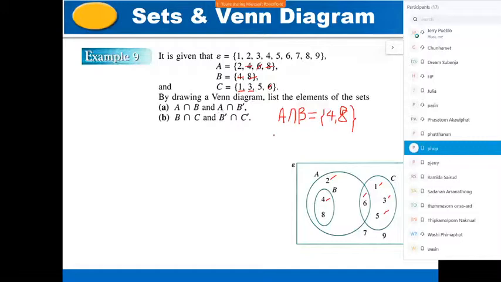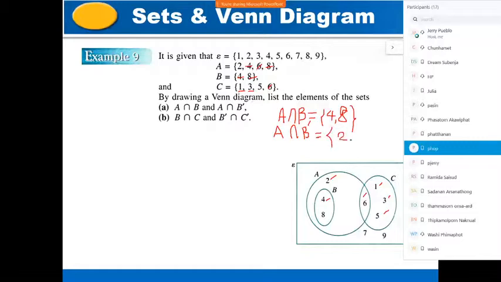What is A intersect B complement? What are the elements of A intersect B complement? This is set A, right? Intersect B, not in B, which is not part of B but part of A. So we have 2 and 6.